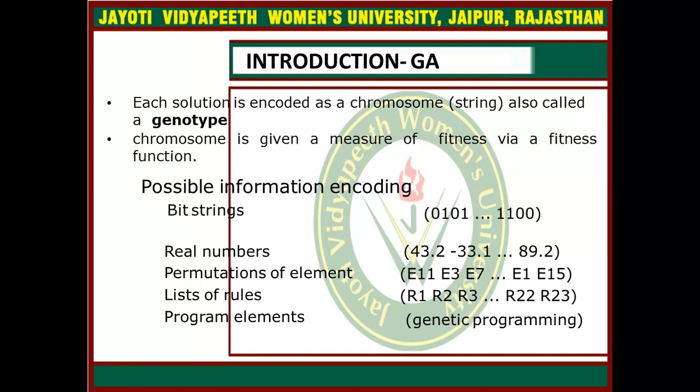Each solution is encoded as a chromosome, also called genotype. This chromosome is given a measure of fitness via a fitness function. The possible information encodings are bit strings like 0, 1, 0, real numbers, permutation of elements, list of rules, and program elements.